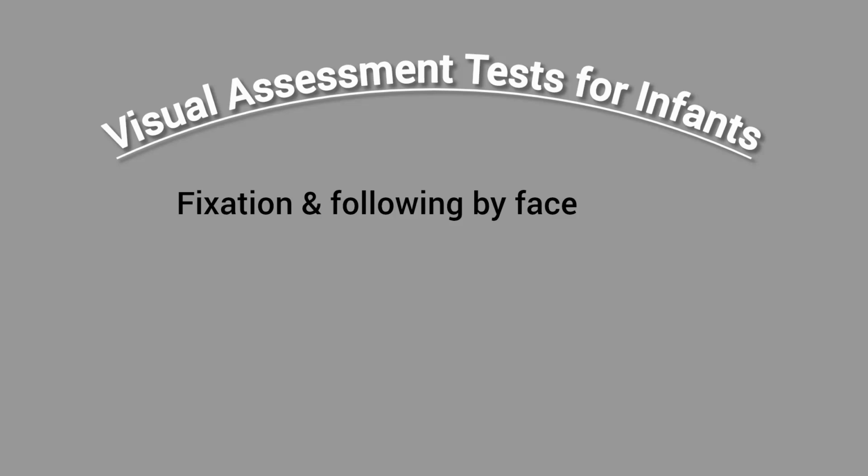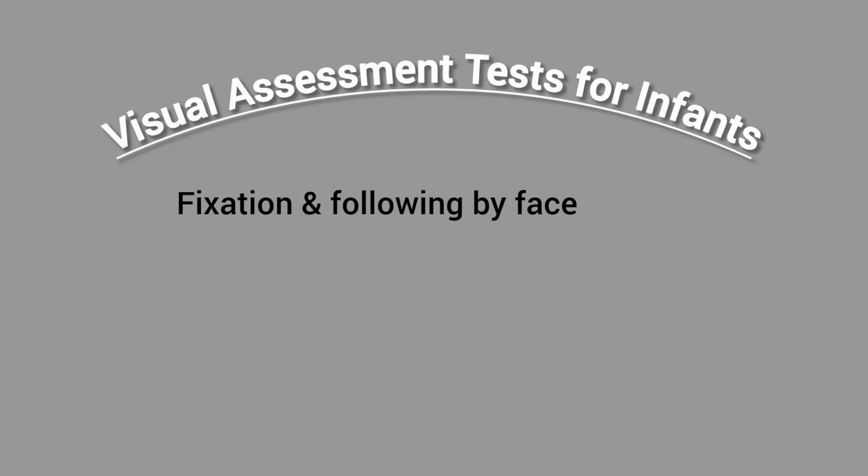Therefore, we have different types of tests that include, first of all, fixation and following by face, in which you have to grab the attention of the infant by showing your face. When the patient sees your face, is he able to fixate? Then you have to move your face a little bit right and left in order to check whether the patient follows my face or not. So you have to see whether there is any fixation and following.